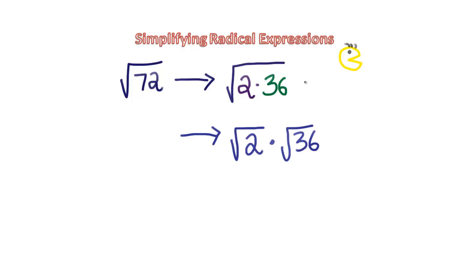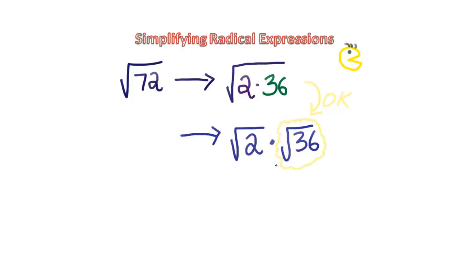We started off and wrote it like that, so we split the radical sign to make it two radicals. So the 2 times 36, now we have radical 2 times radical 36. It's okay to do this. It's fine.